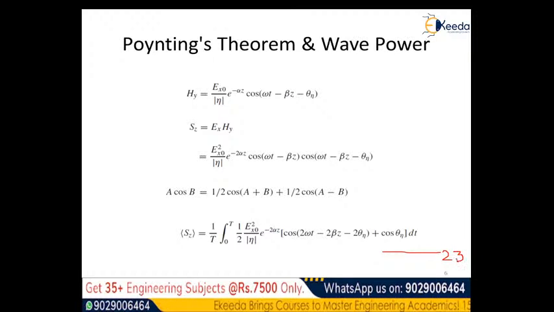So here we represent the time averaged power density by this particular notation, and inside we write capital S suffix Z. So here it is equal to 1 upon capital T, integral 0 to capital T of 1 by 2 times Ex0 squared divided by mod eta into e to the power minus twice alpha z multiplied to the square bracket that has cosine of twice omega t minus twice beta z minus twice theta suffix eta added by cosine of theta suffix eta, and outside there it is the differential time dt.